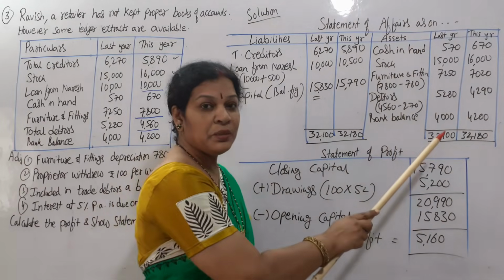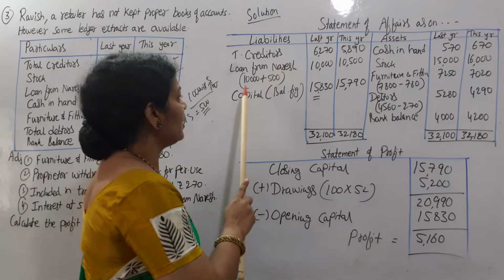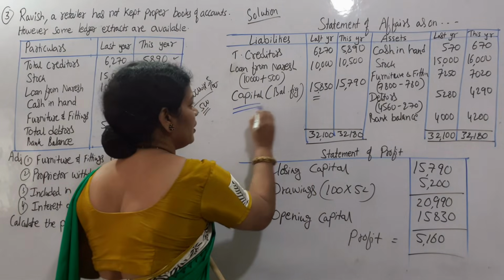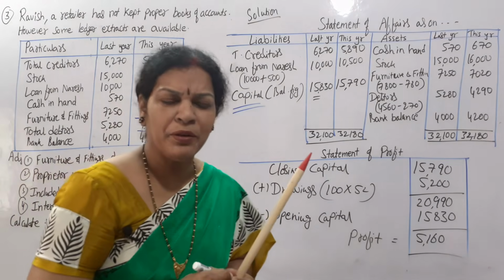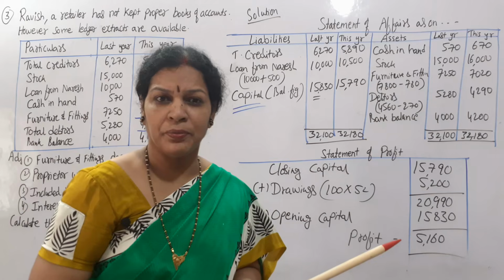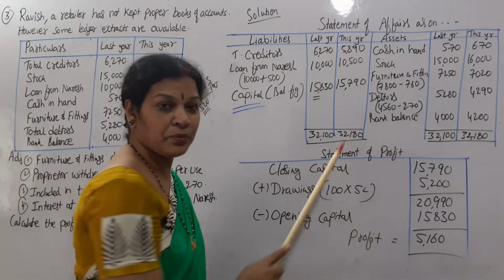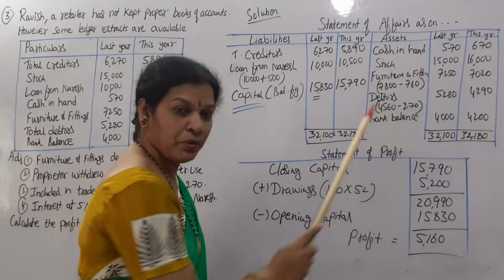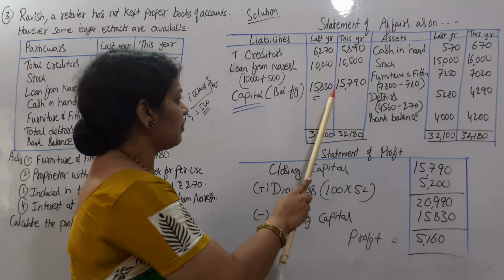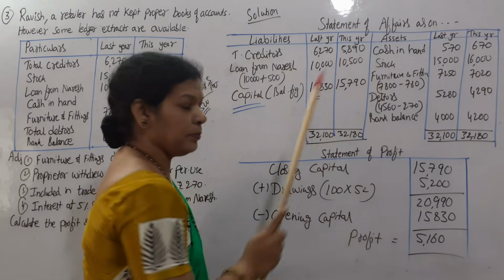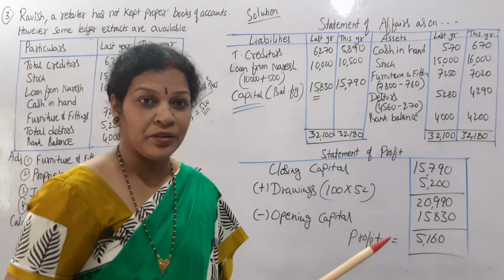When we have done the statement of affairs, we got a balancing figure, that is capital. Please remember, the balancing figure is always capital. With capital we are going to start the statement of profit. Immediately after that, I have opened the statement of profit. Particulars, amount. We'll start with closing capital, 15,790. To that we have to add the drawings.